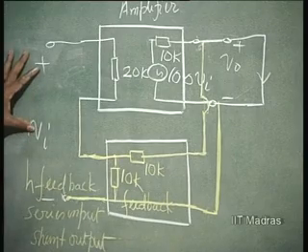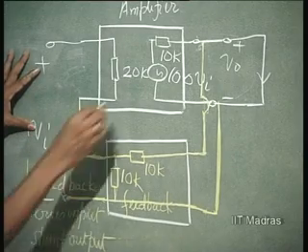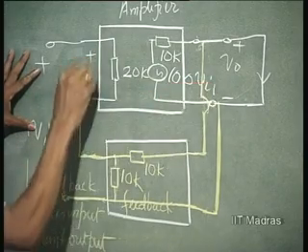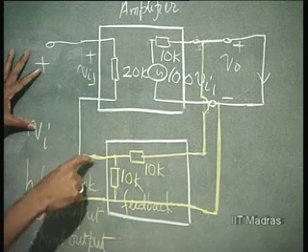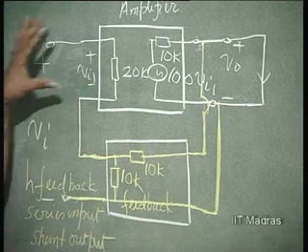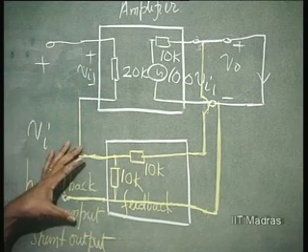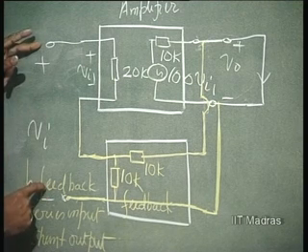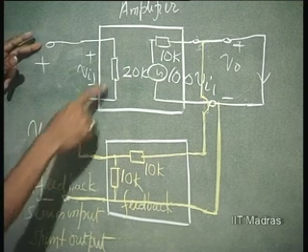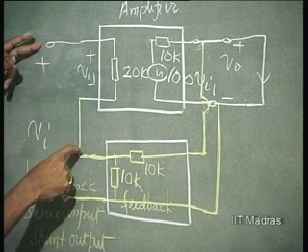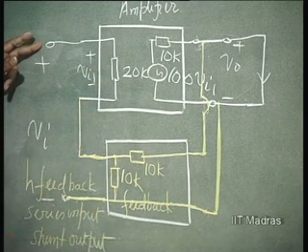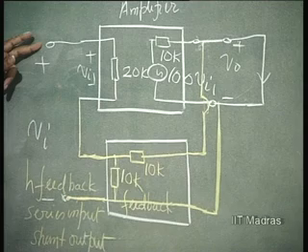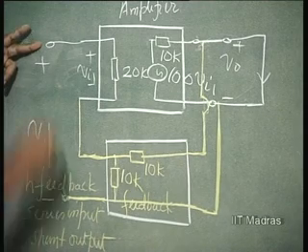This one we will call VI1, this is VI2, because VI1 and VI2 will come in series. The total VI is this. Now, this VI divided by 20K plus 5K is the input current II.